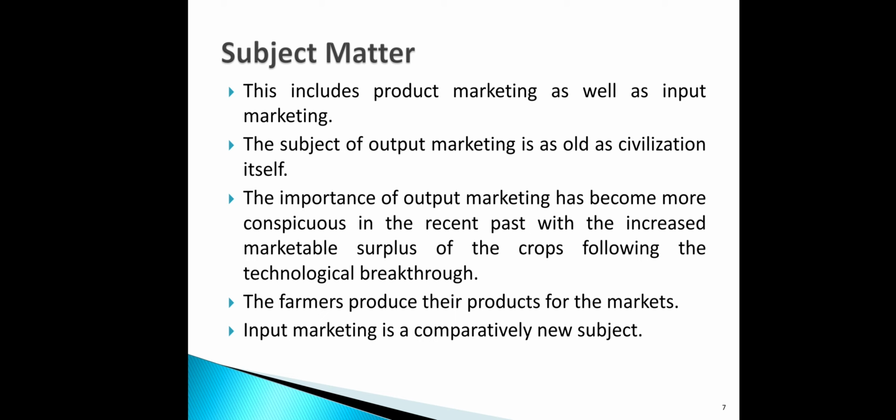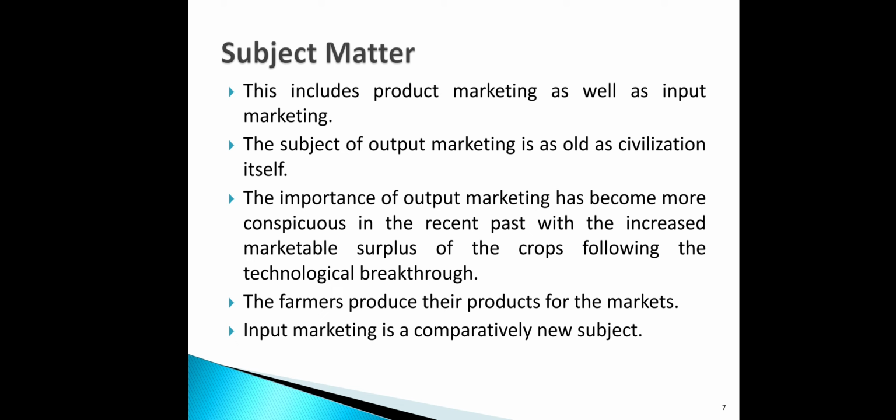Output marketing is as old as civilization itself. Output marketing is an older term in agriculture marketing. After some innovations, as time passed, input marketing was developed. So the older one was output marketing.